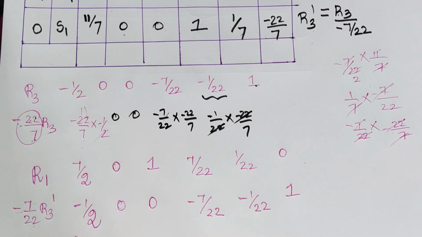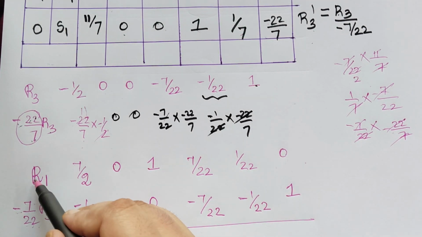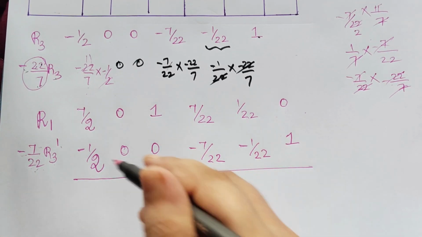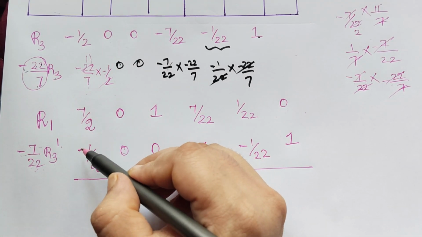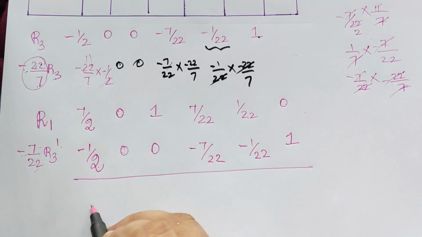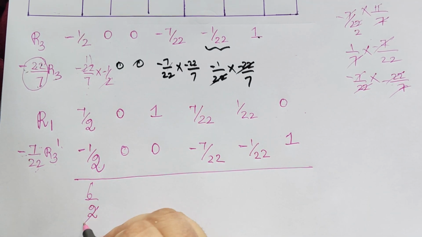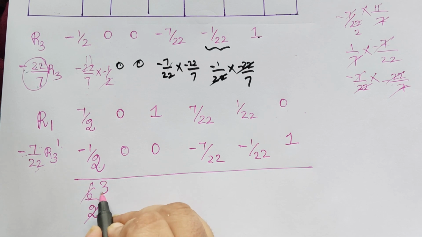Now we have to add these two, because R1 minus 7 by 22 R3 dash is what we have to do. So just directly add it. 7 by 2 minus 1 by 2: LCM is 2, 7 minus 1 is 6, 6 by 2, so that is 3.